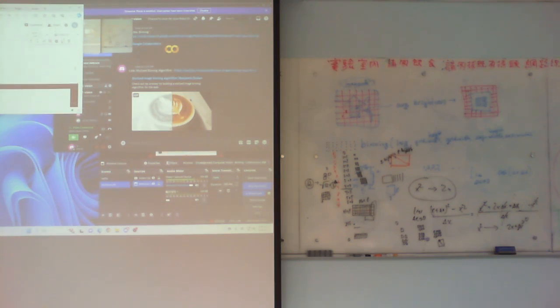And then cmap is equal to matplotlib dot colormap gray.